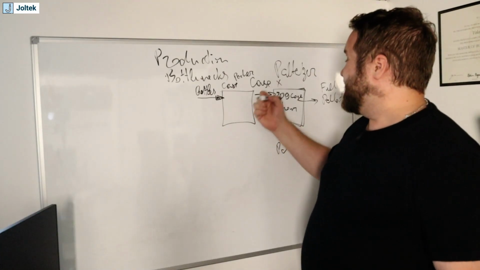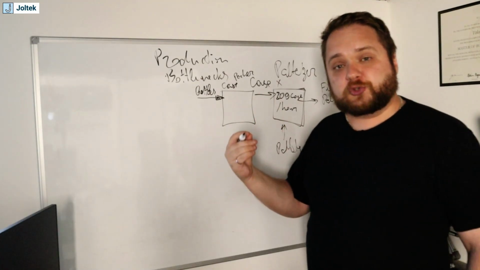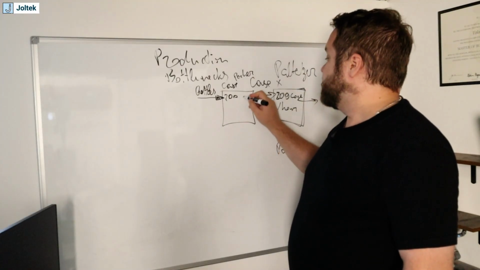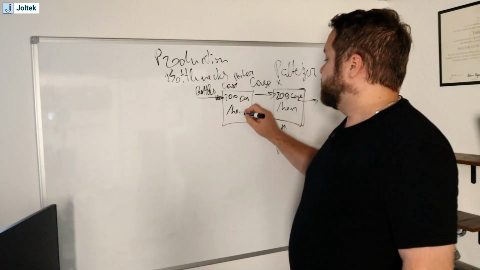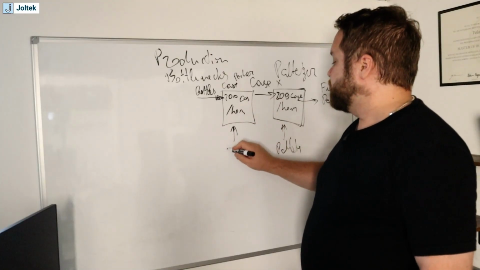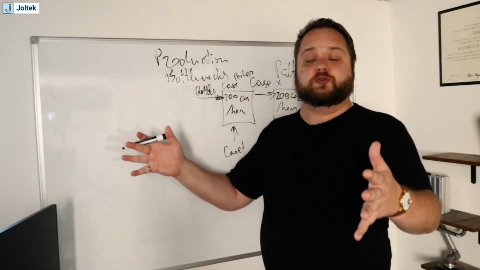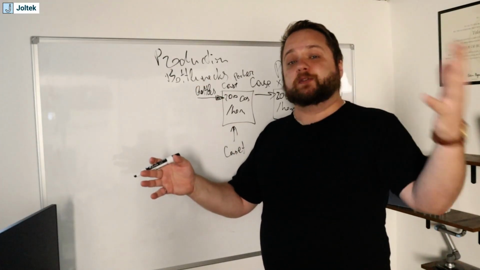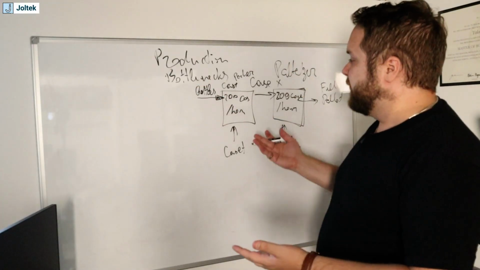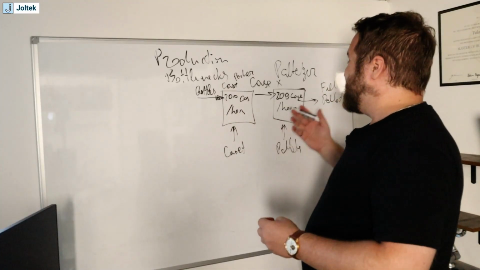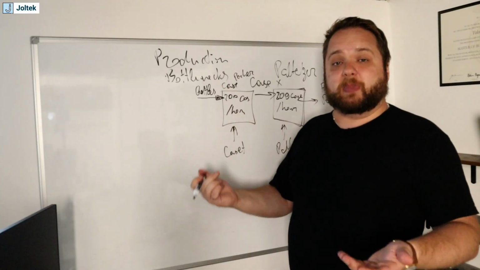And let's assume that this case packer is able to also produce at the same rate as the palletizer, so 200 cases per hour. And of course, here we have an input of cases, usually coming in cardboard boxes. You have a huge stack, and it takes off a single case at a time to fill with however many bottles. We'll get to that in just a moment. But let's assume that it has the exact same rate as the palletizer.